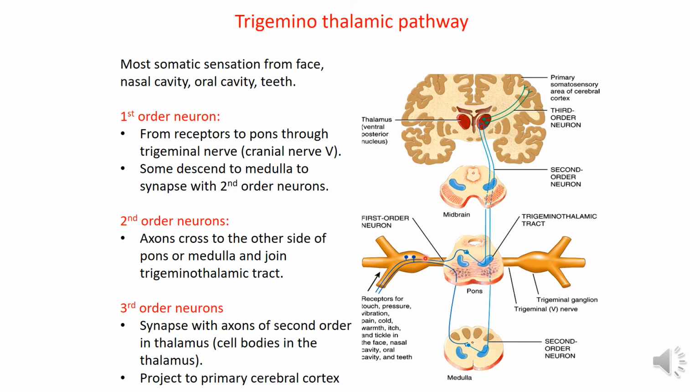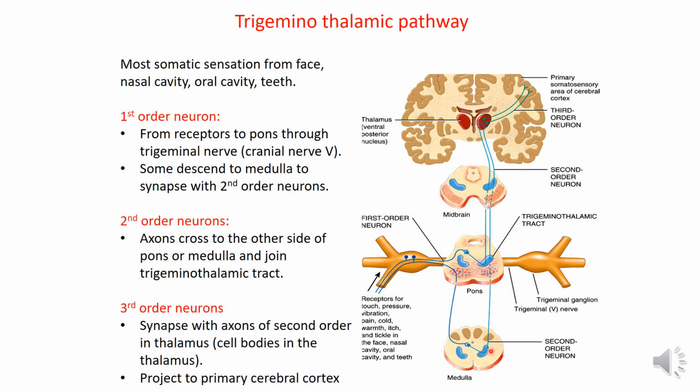The first order neuron will terminate either in the trigeminal nucleus in the pons or in the spinal nucleus in the medulla oblongata.